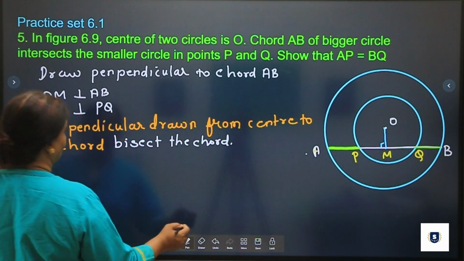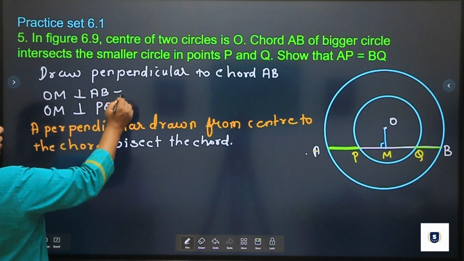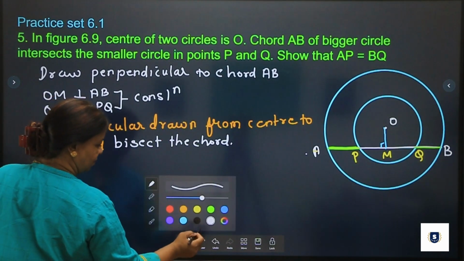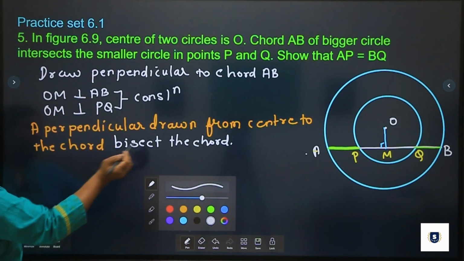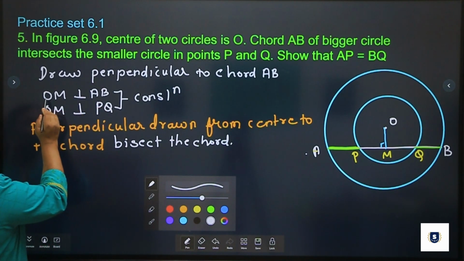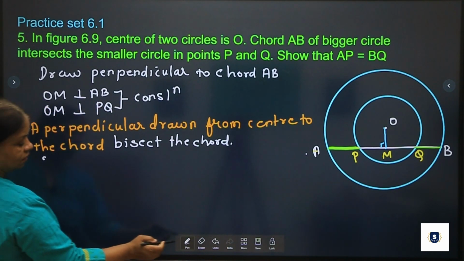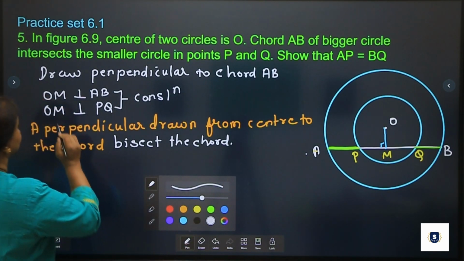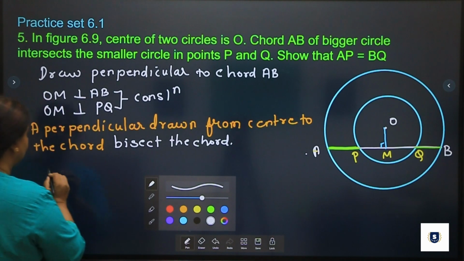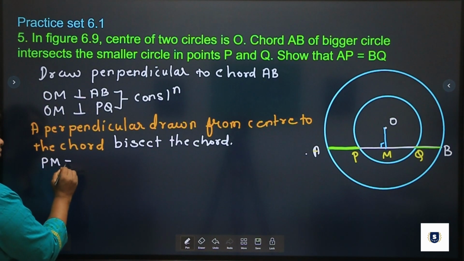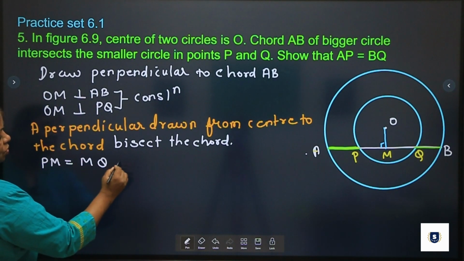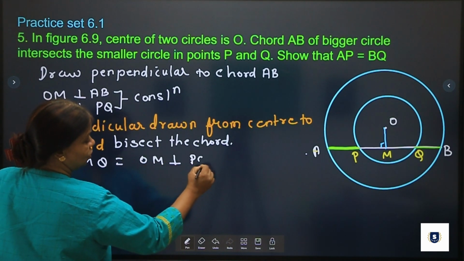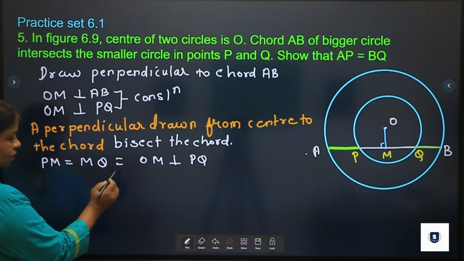Now there is OM perpendicular to AB and we have done this construction, yes? So we can say that if OM is perpendicular to AB, PM is equal to MQ. And why is PM equal to MQ? Because OM is perpendicular to PQ.